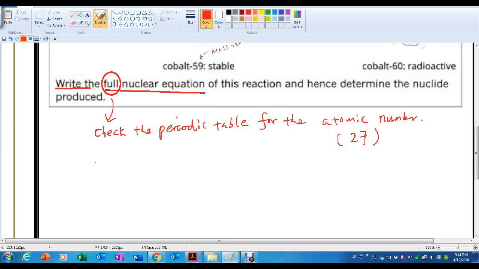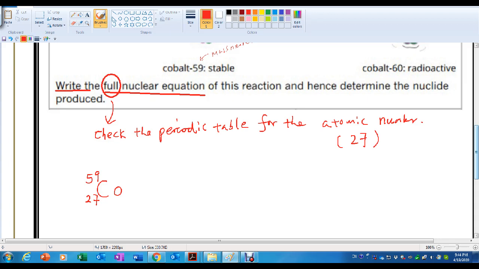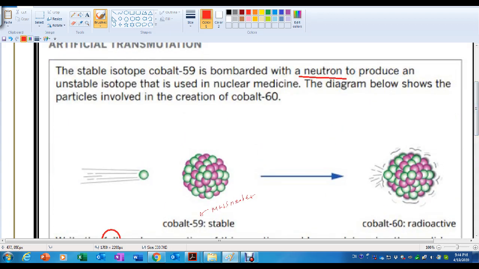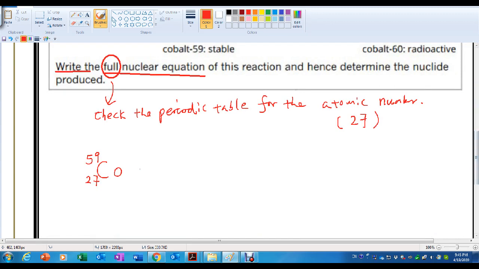So we can write the full nuclear equation now. That's Co. Remember that the atomic number should be here, and you have 59 here. And it's struck by a neutron, right? So the neutron should be on the reactant side.